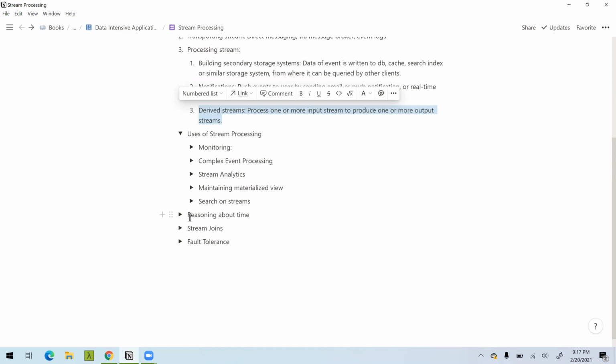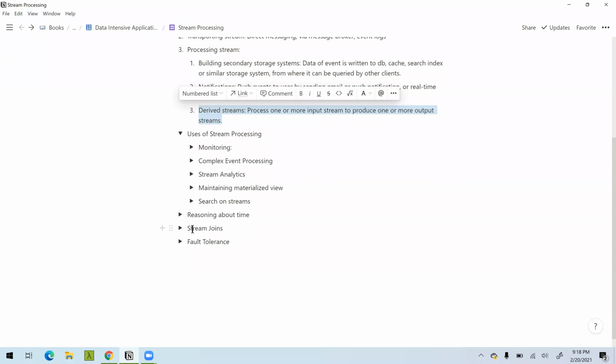Those two things are different. If we take event time, it has some advantages and disadvantages. If we take the time when we were processing the event, if we are taking those timestamps, it has some advantages and disadvantages. So we will discuss more about that.